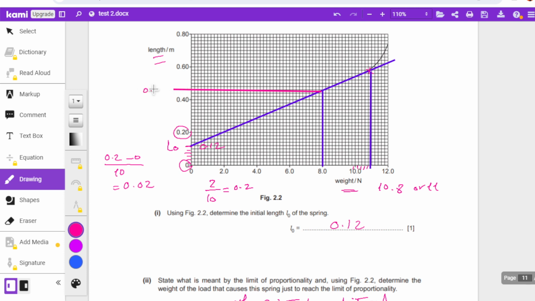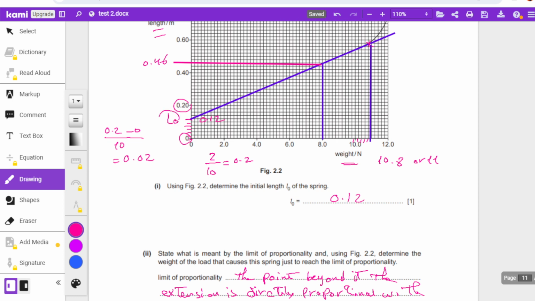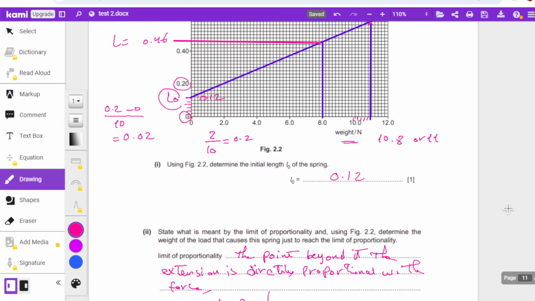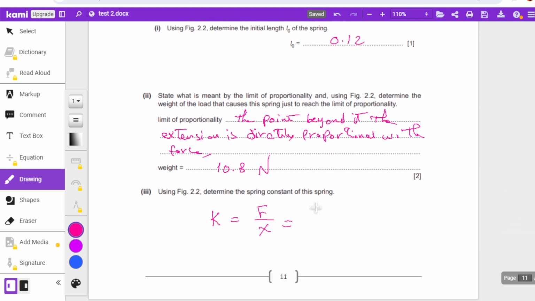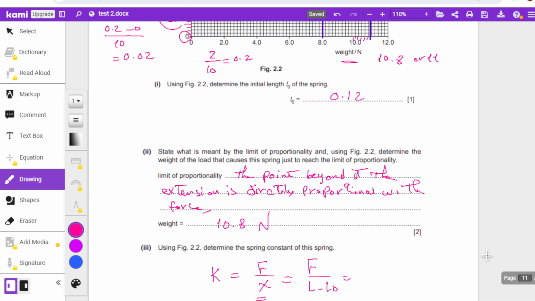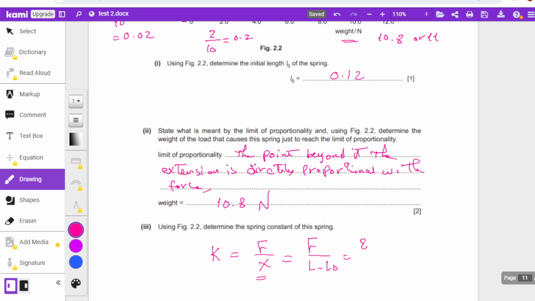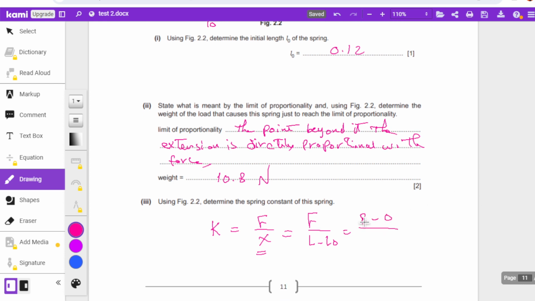It's 0.46. So now we have LO and L. To find the extension, you have to subtract L minus LO first. So you can write the equation like this: force over L minus LO, because extension is stretched length minus unstretched length. Force is 8 minus 0, which is the gradient.